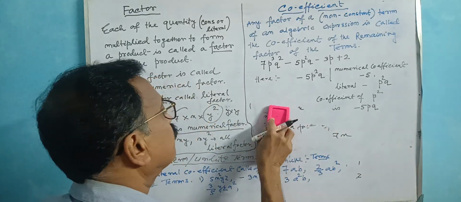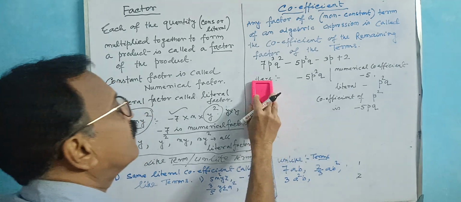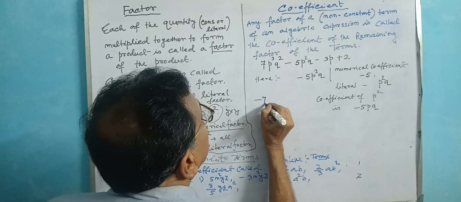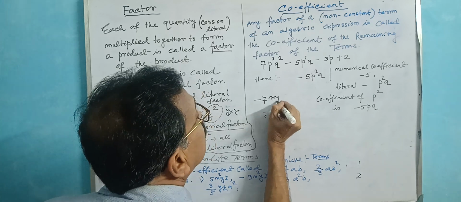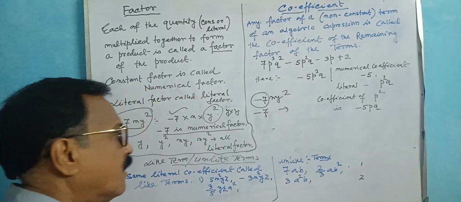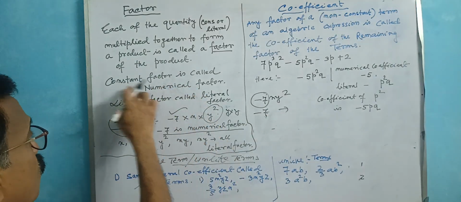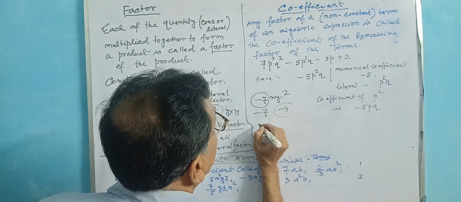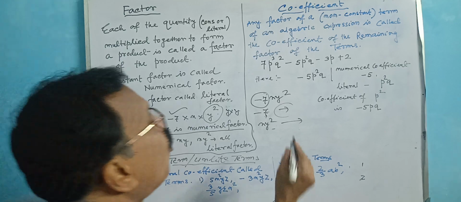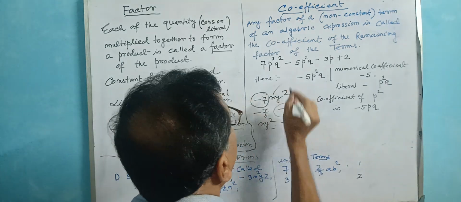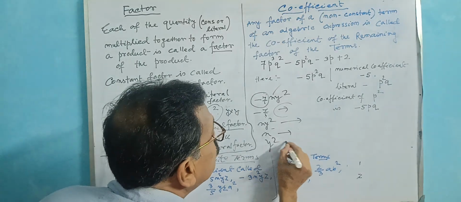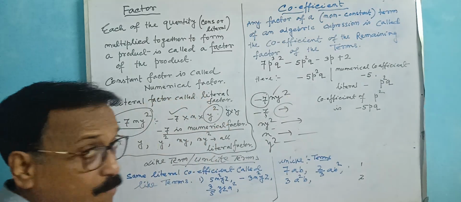Suppose minus 7xy square. Minus 7 is a constant, so it is the numerical factor. Separately xy square is a literal factor. Actually x separately is a literal factor, and y square is also separately a literal factor.